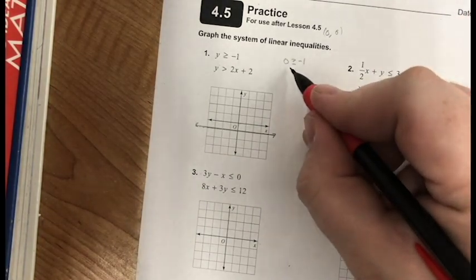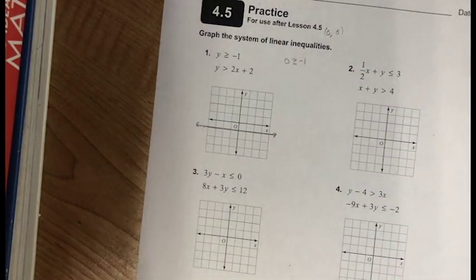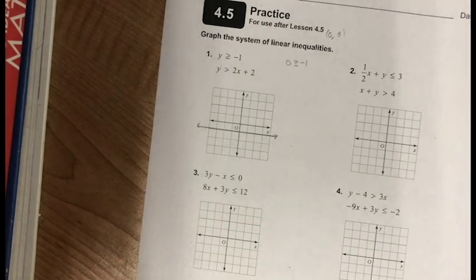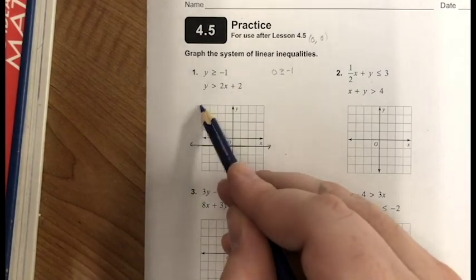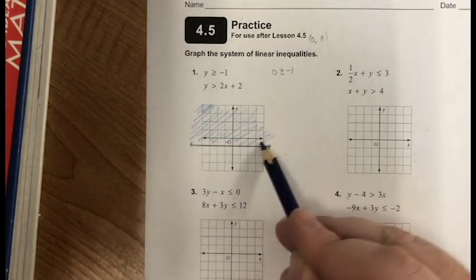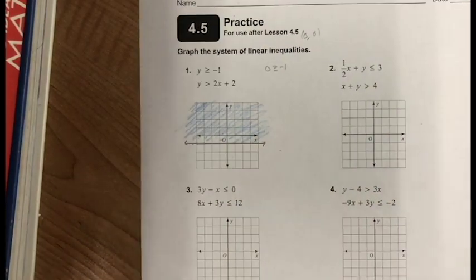Is that true? Is 0 greater than or equal to negative 1? Yes, it is. So I can color this top half. I want to use my color pencil so we can see it. So we're going to color this entire half blue. All right, so I've graphed the first inequality.